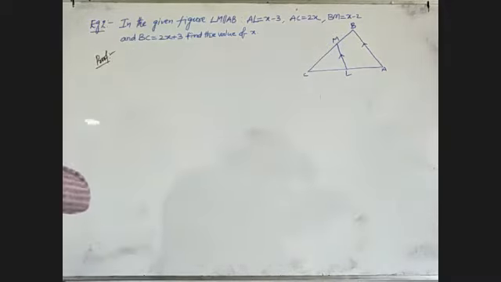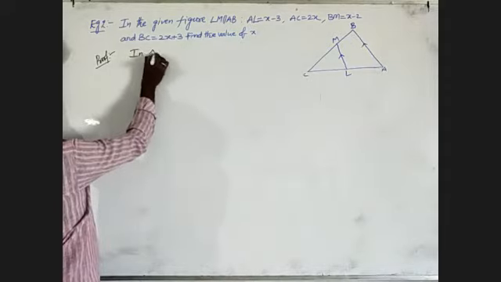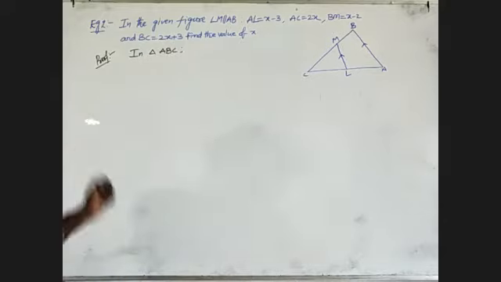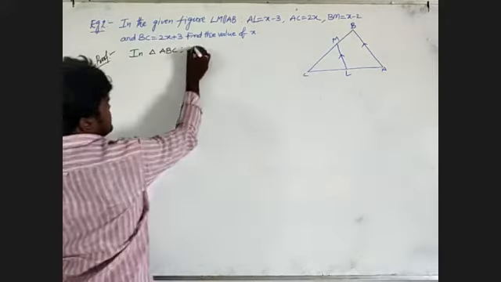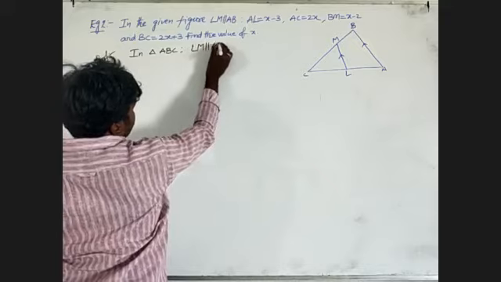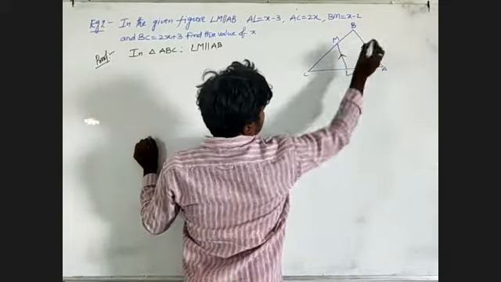Here, what is given in this problem? In triangle ABC, one condition is given, that is LM is parallel to AB.